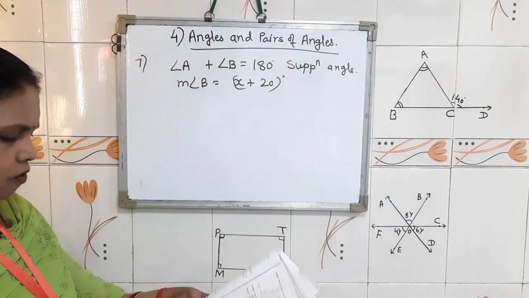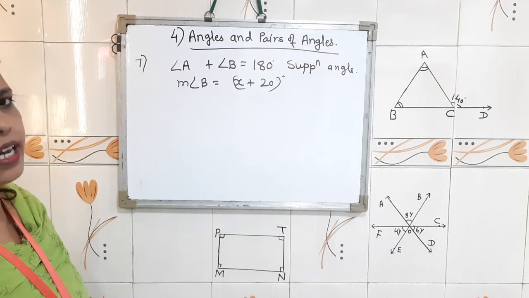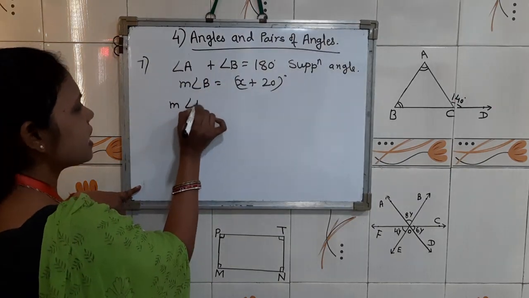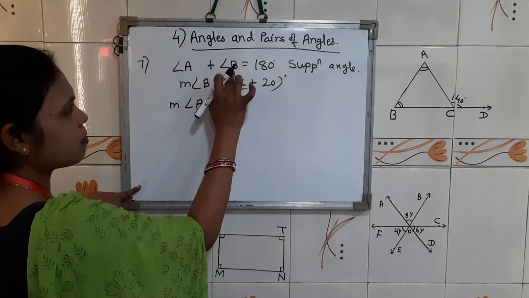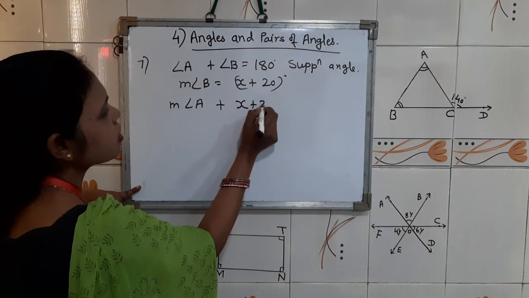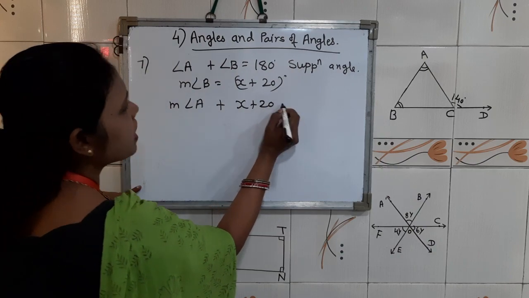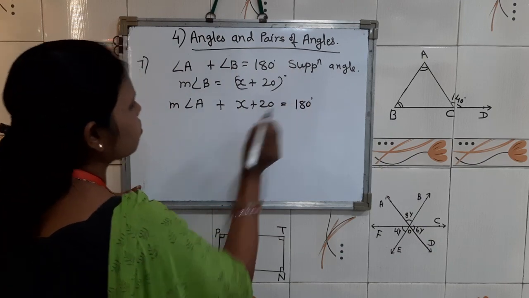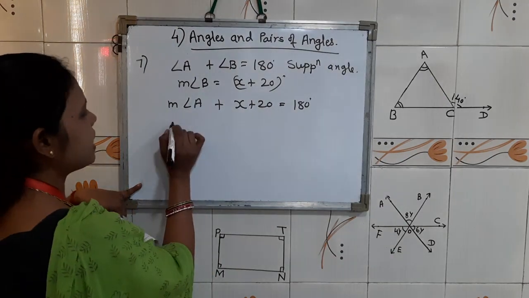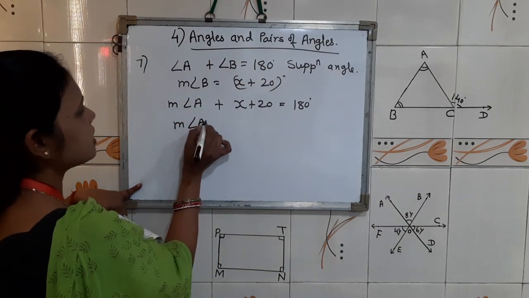Then we are going to find out the measurement of angle A. Write down, because the measurement of angle A we don't know, but the measurement of angle B we know, that is x plus 20 degree. Next, equal to 180 degree. Measurement of angle A, write as it is.